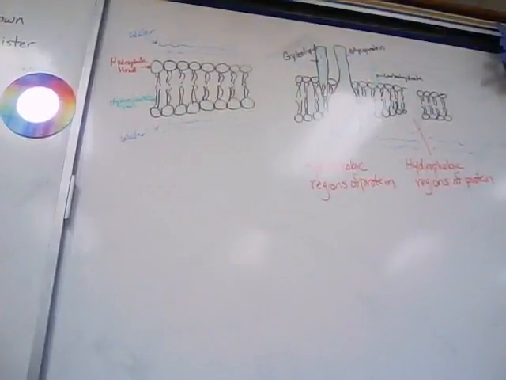How are phospholipids and proteins arranged in the membranes of cells? I'm so glad you asked. You encountered the currently accepted model for the arrangement of these molecules in Chapter 6. Woo. I need some water.